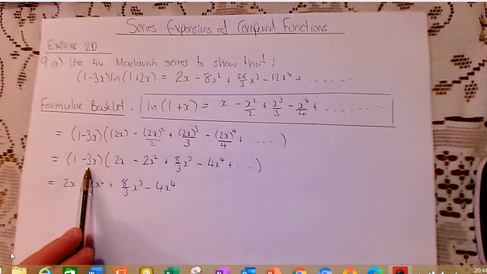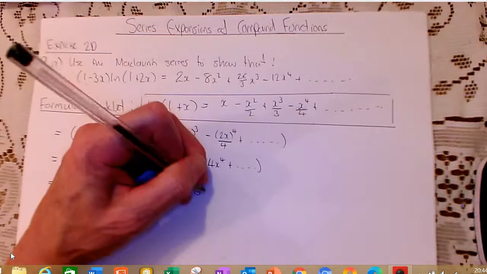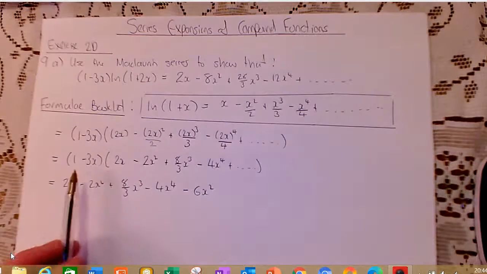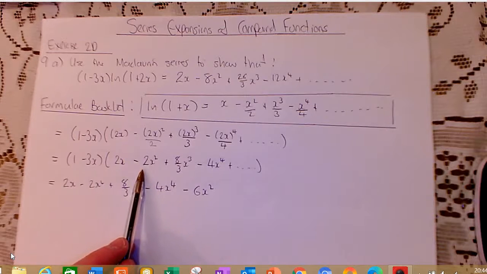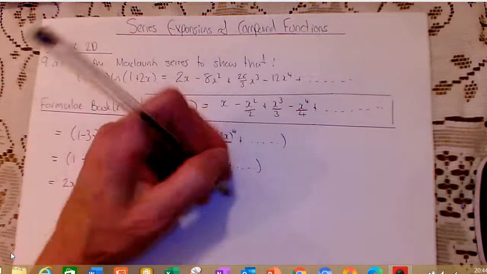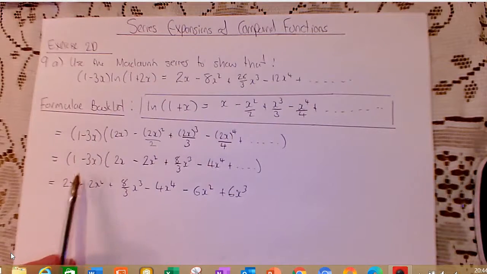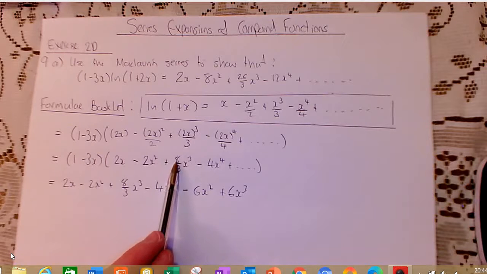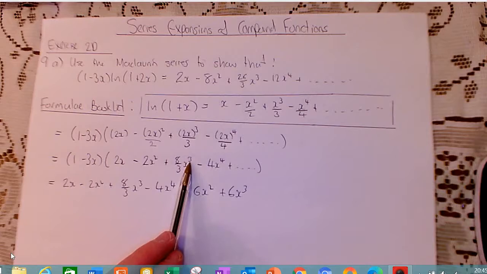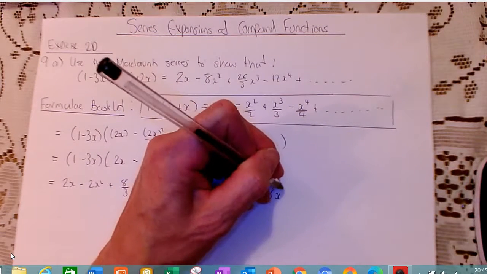So minus 3x times 2x is minus 6x squared. Minus 3x times minus 2x squared will be positive 6x cubed. Then I'm doing minus 3x times 8/3 x cubed, so that will leave me with minus 8x cubed.